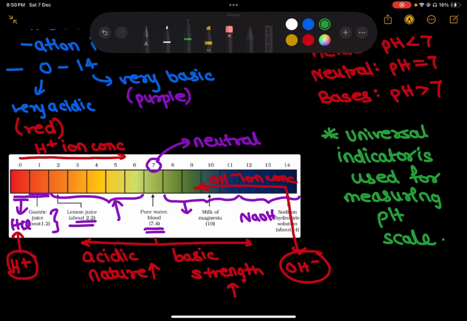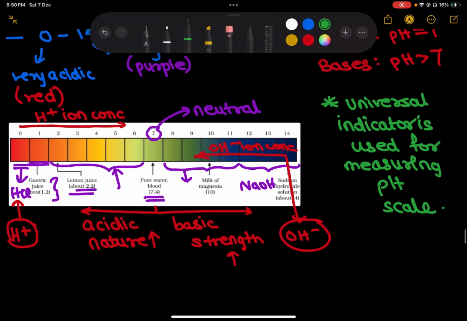Understood? So I have explained the variation of pH with the change in concentration of the H plus ions and the OH minus ions, right? So now let us see some important pH values. Some of them are already given here, as you can see. Gastric juice is very, very acidic, about 1.2.